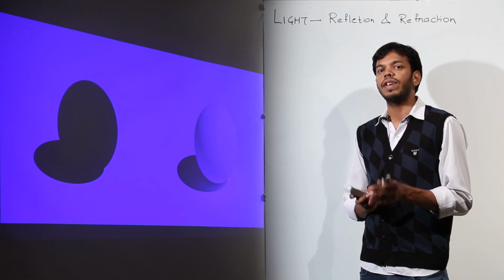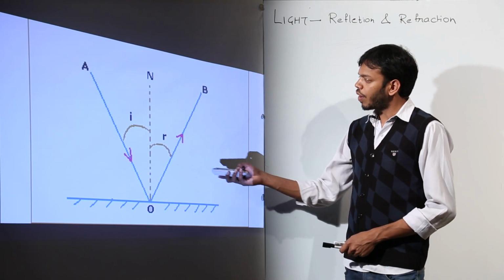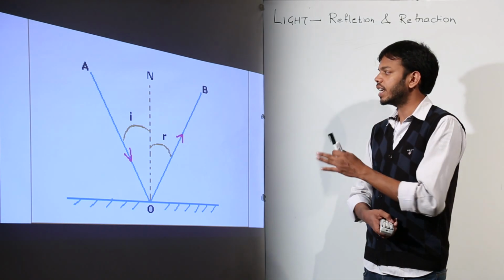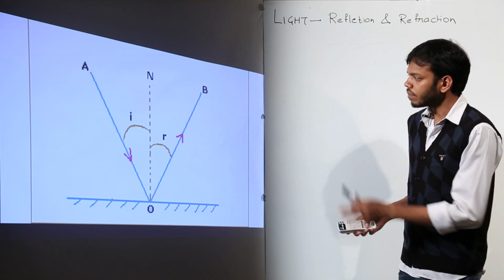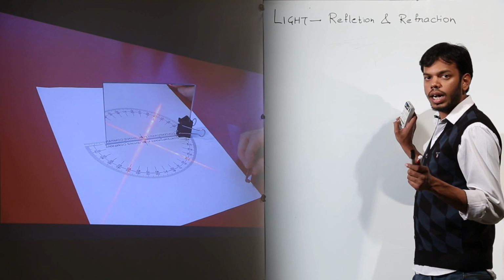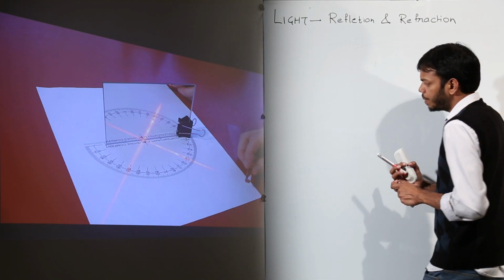So we have studied reflection from straight surfaces and we have studied a law for plane surfaces: light which is incident at any angle will get reflected back at the same angle, right? Let's elaborate it more. This I equal to R was the basic law of reflection. What were the 3 laws of reflection which we have studied before?